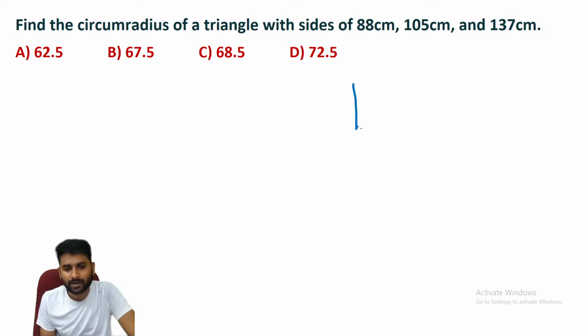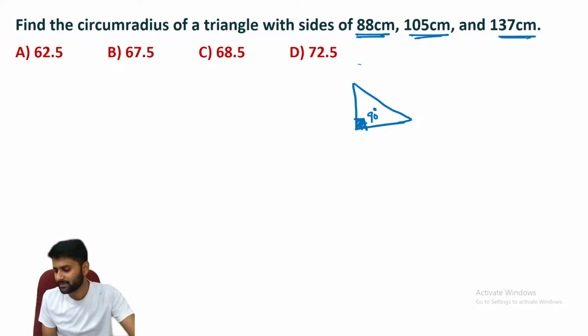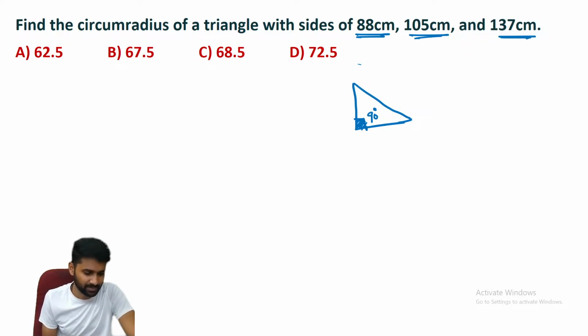First of all, you should understand what a right angle triangle is. A right angle triangle is all about two sides making an angle of 90 degrees. So definitely it is a right angle triangle. If you observe the numbers, 88 centimeters, 105 centimeters, 137 centimeters is a Pythagorean triplet. If you practice more examples, definitely you can recognize these numbers.